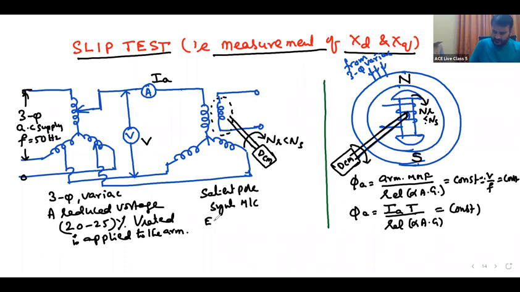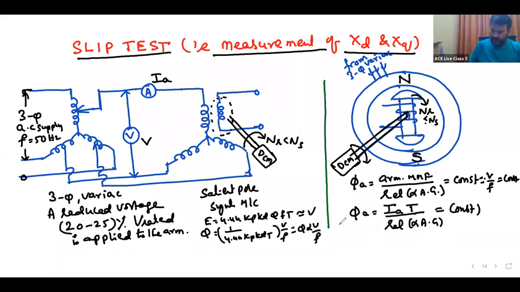Because E is equal to 4.44 Kp Kd phi f T, which is nearly equal to V. Therefore flux is equal to 1 by 4.44 Kp Kd T into V by F. So flux is proportional to the V by F ratio.